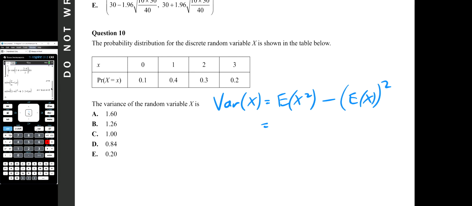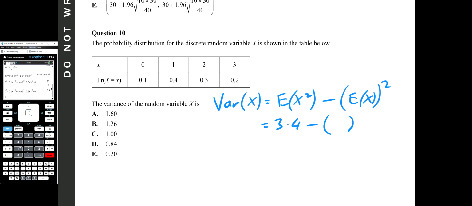So we have 0 squared times 0.1 plus 1 squared times 0.4 plus 2 squared times 0.3 plus 3 squared times 0.2. So 3.4 is the expected value of x squared.